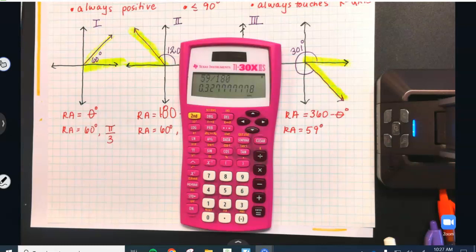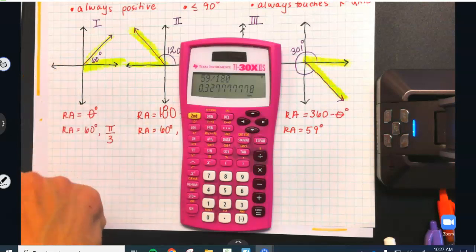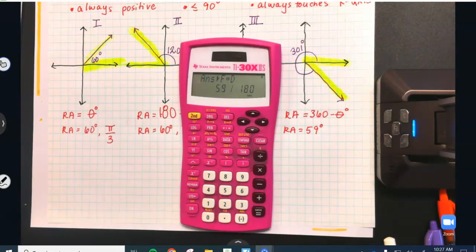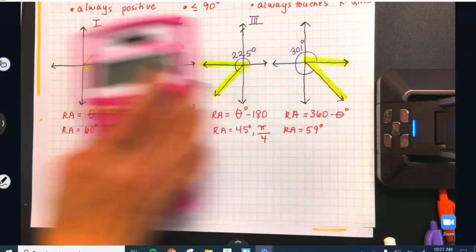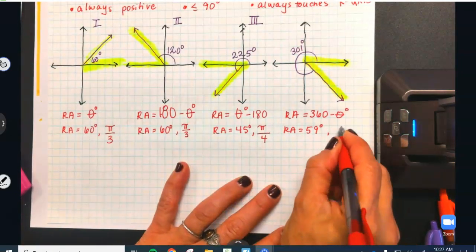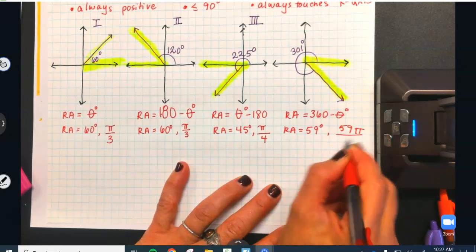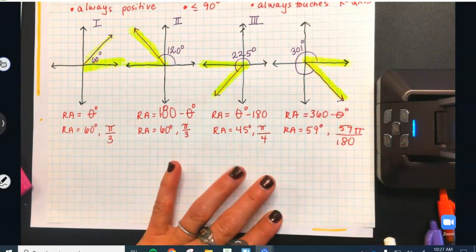We hate decimals in higher level math classes. Do you remember how to convert that? Remember, you hit the second PRB. Oh, it doesn't simplify. So it's just going to be 59 pi over 180. So there's your radians.